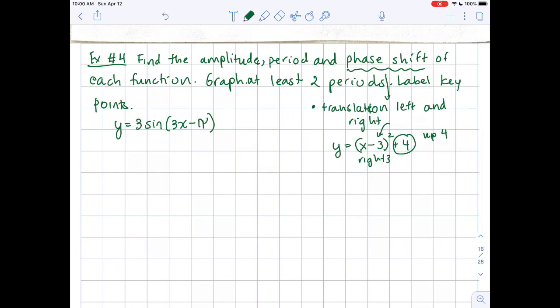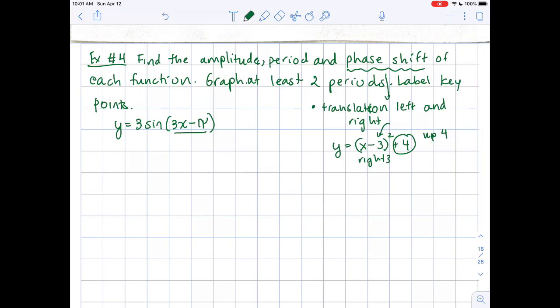So on my sine function that I have as an example, y equals 3 sine x minus pi. And I forgot to mention, feel free to hit pause to copy down the directions and the example. Once you have it copied down, I want you to pay attention to the fact that there is an amplitude we can tell is 3, which stretches the sine function.